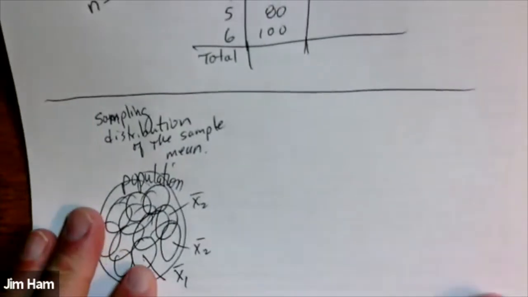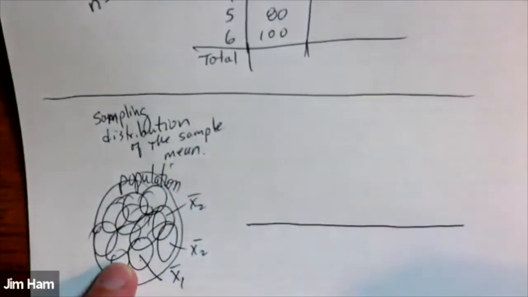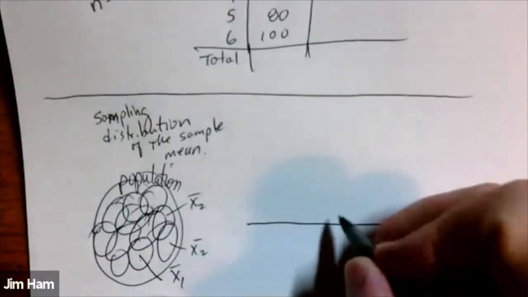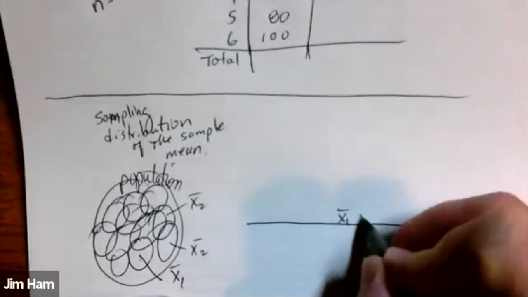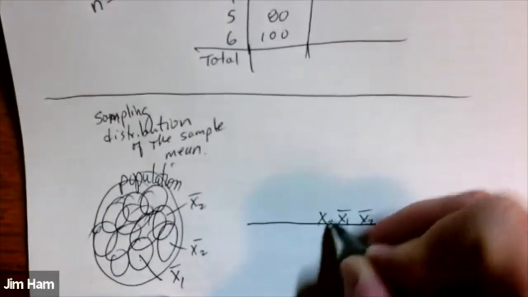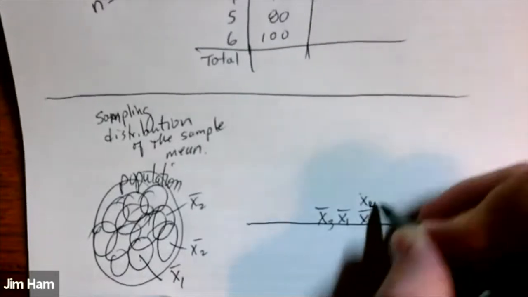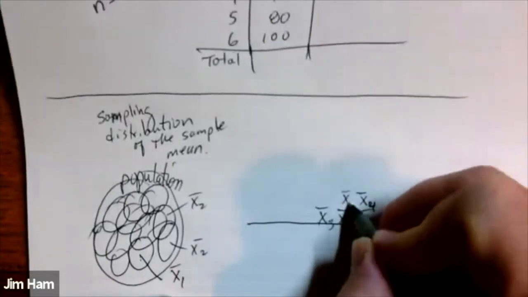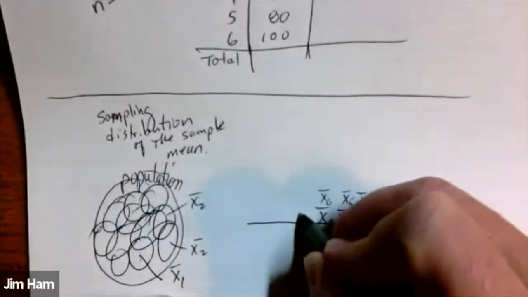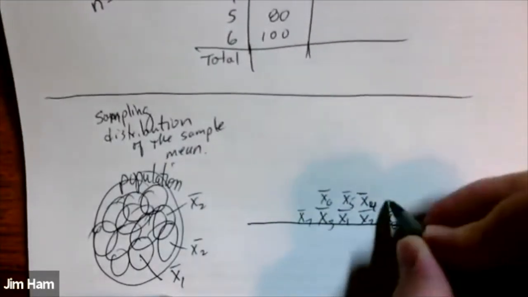Well, it turns out that if we graphed all those means in a histogram like this, you would find that all of those means would hover around the center. If we just stacked them, X bar 4, X bar 5, and so on, there's going to be a lot of variation in these means.